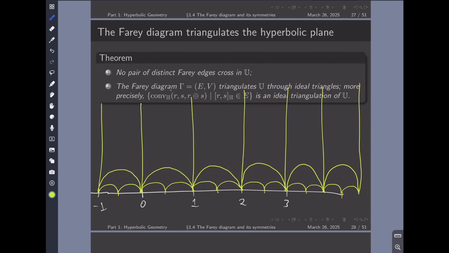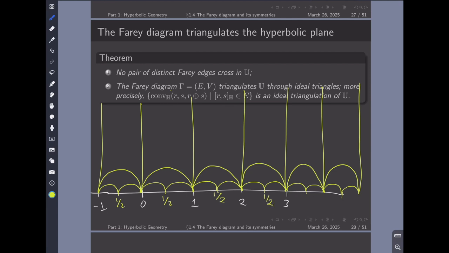One more thing: notice that here what I actually have is F2, the second Farey sequence.